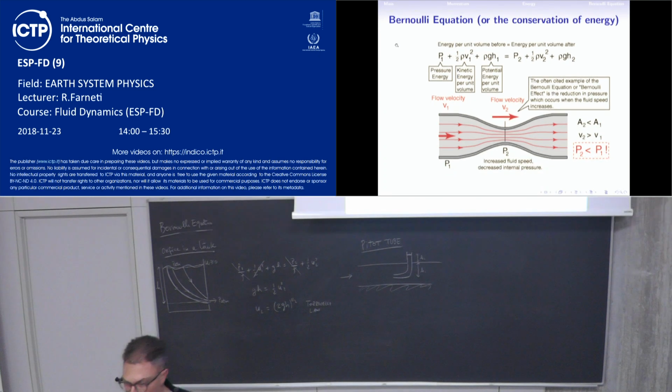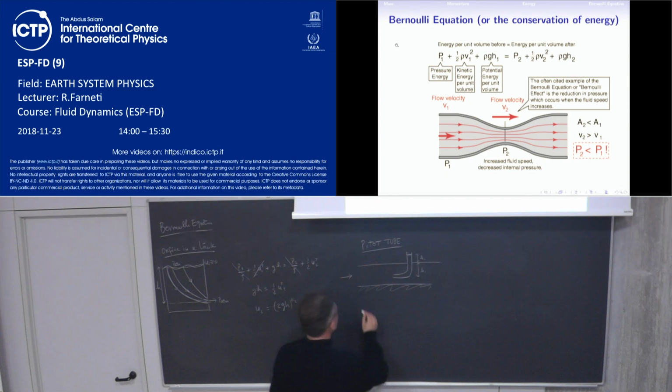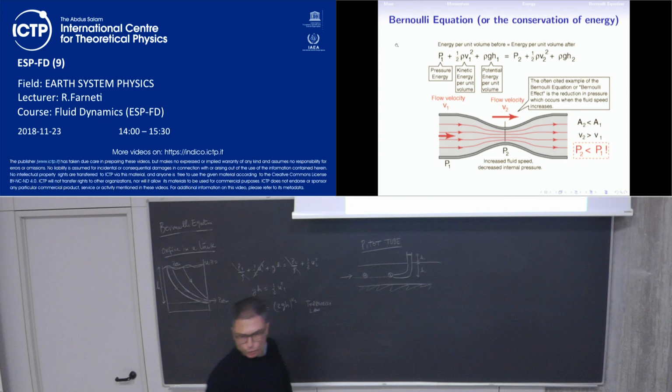Because of the speed of the flow, there was an increase in the level of the fluid inside of the tube. Now imagine you have a streamline, and you have a point 1, which is away from the tube, and a point 2, which is right at the entrance of the tube, along the same imaginary streamline.